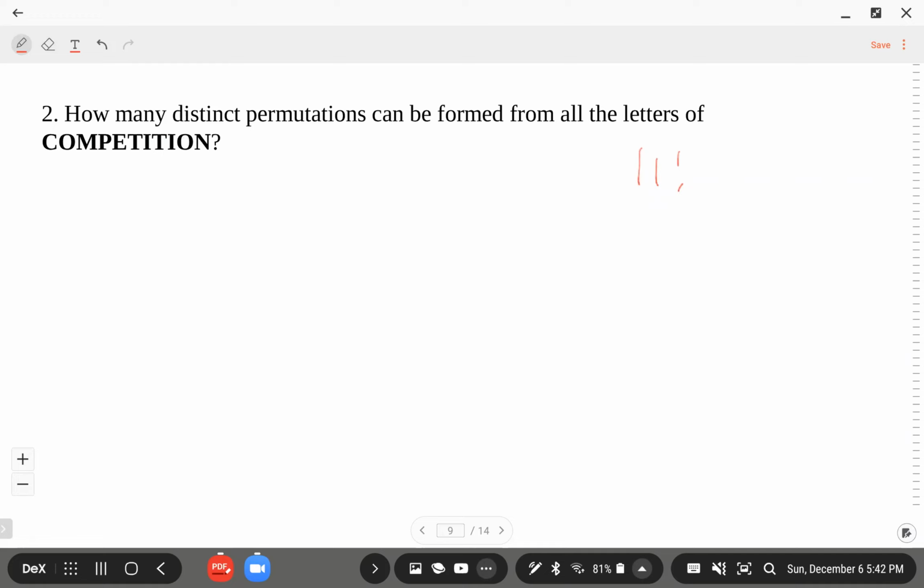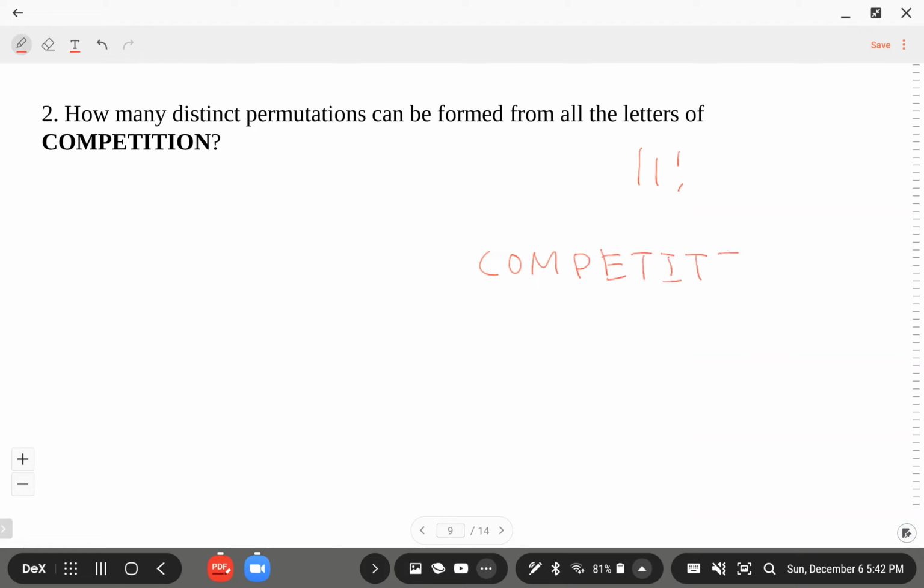But look how many same letters we have, right? A distinct permutation of competition would just be competition, right? It'd just be competition.